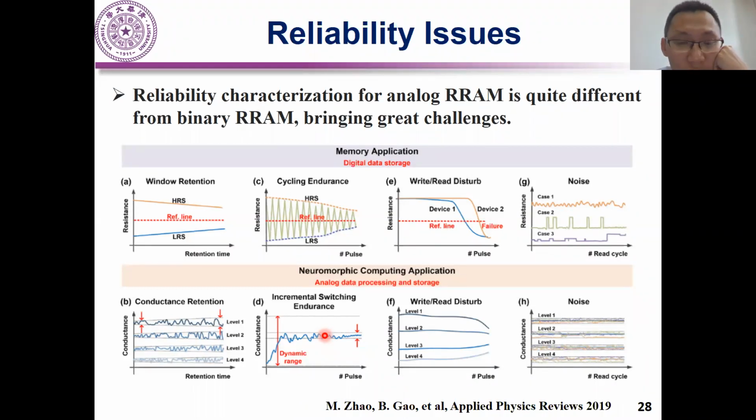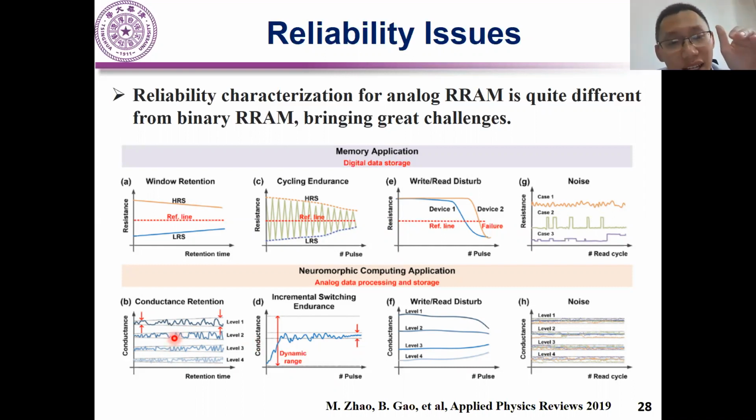But for retention, it is relatively clear. We just program the device to different resistance states. We can tune it to every resistance level, and we do not care which.